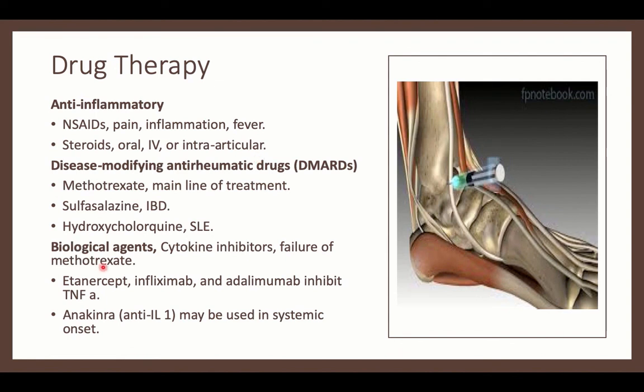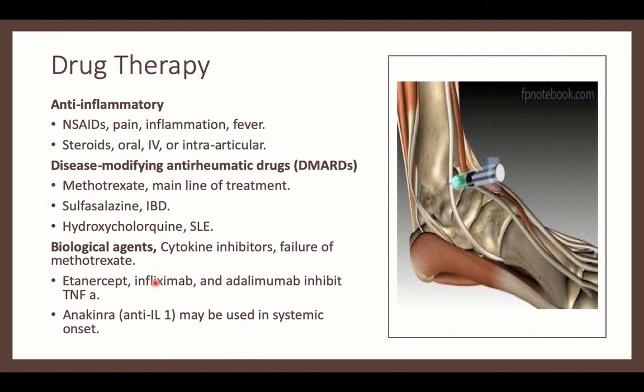The next line, which is commonly used now beside methotrexate in case of failure or inadequate response to methotrexate, is the biological agents. These inhibit cytokines, especially tumor necrosis factor alpha, as we have mentioned. The first discovered is usually infliximab, which attacks tumor necrosis factor alpha.